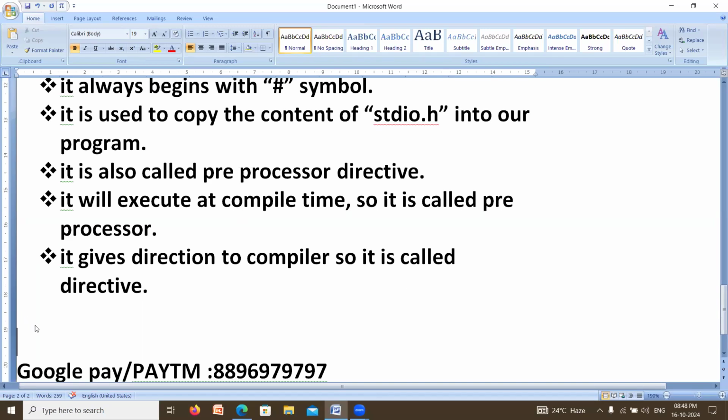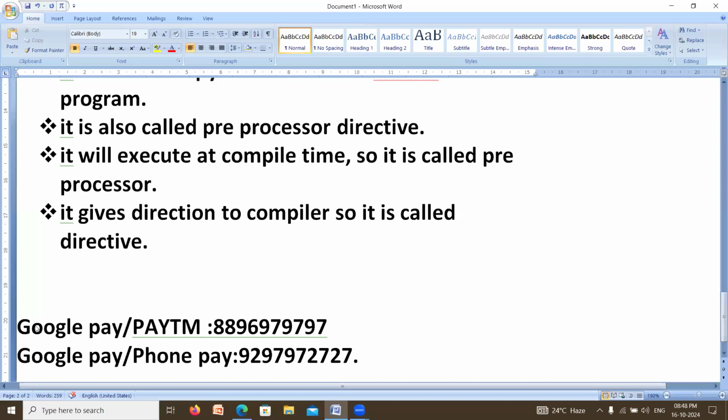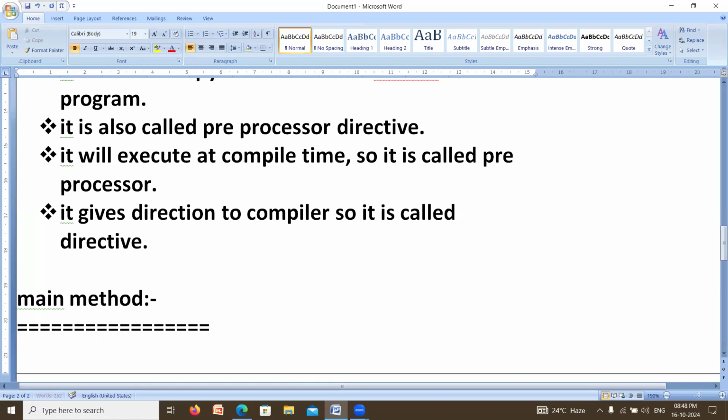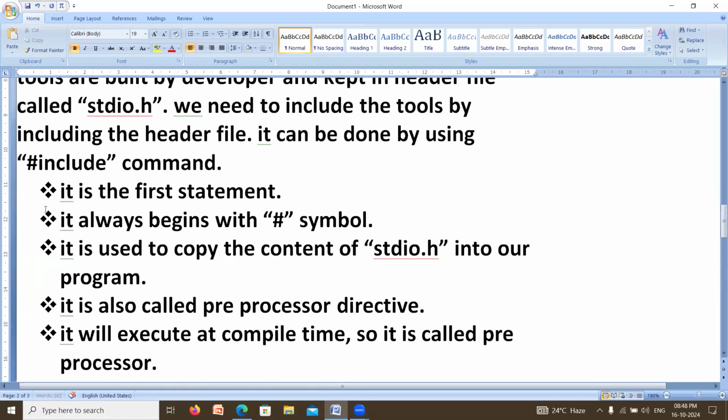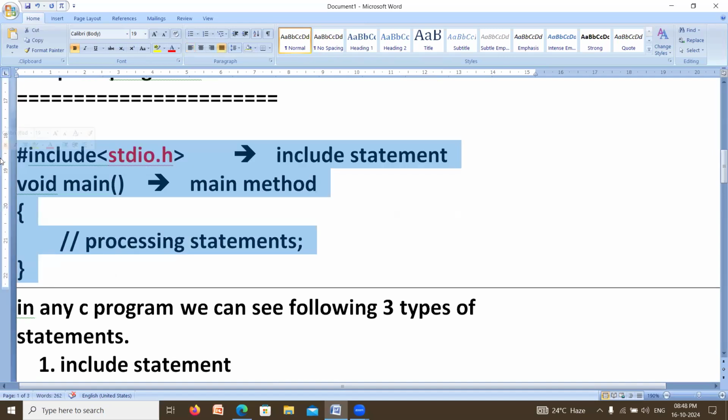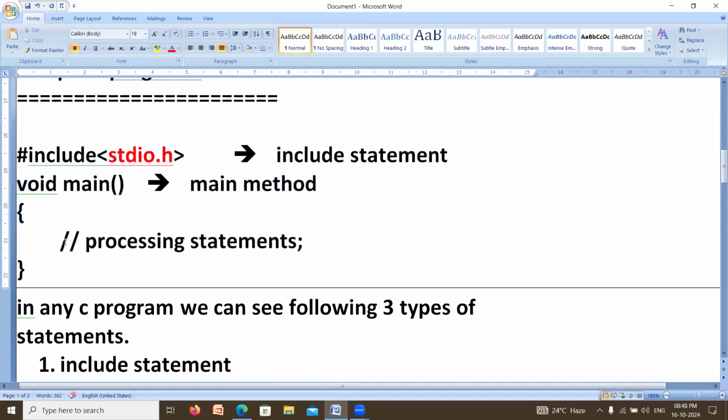Okay, right. Now I am going to explain why we need to write the main method. What is the use of the main method? See, my dear friends, it is the program. Suppose you write 1 lakh lines of code.